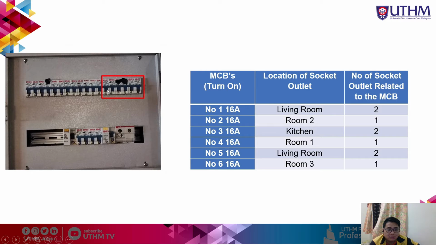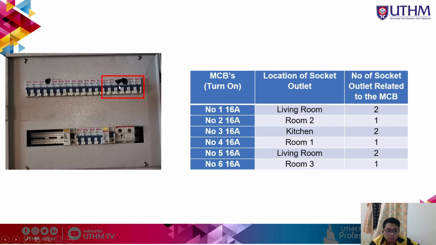and the last 6 MCBs are the MCBs that control the socket outlets. All of the MCBs are 60 ampere. MCB number 1 controls the socket at the living room, which will control 2 sockets, and MCB number 2 here will control room number 2 with 1 socket only.